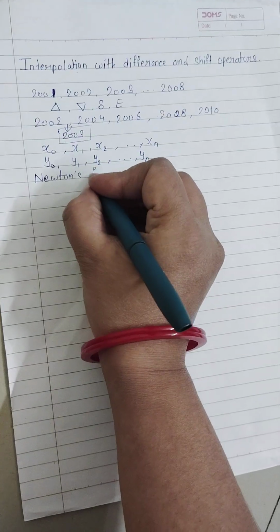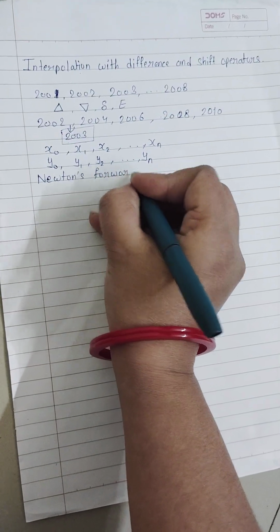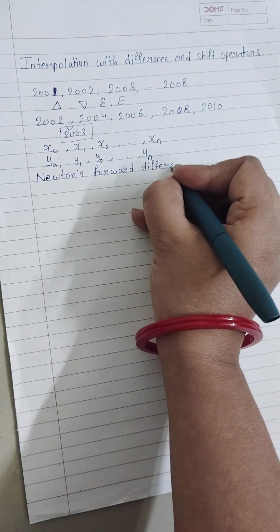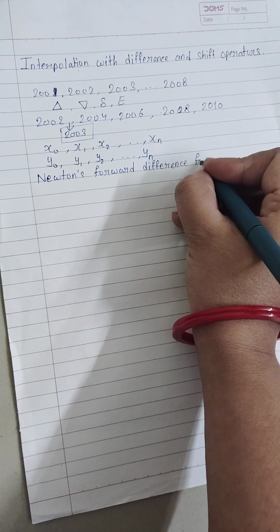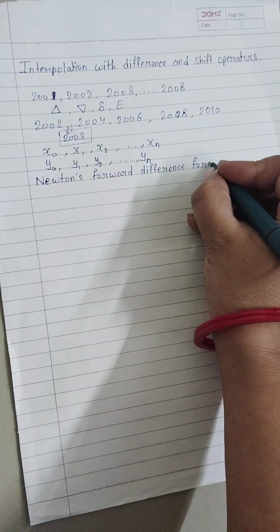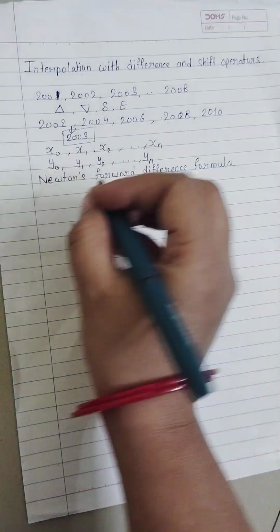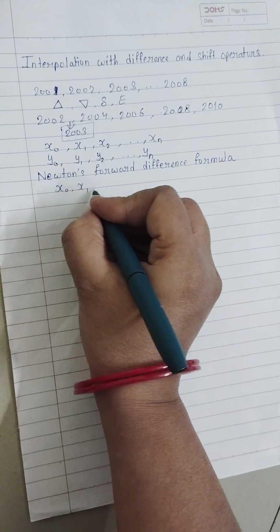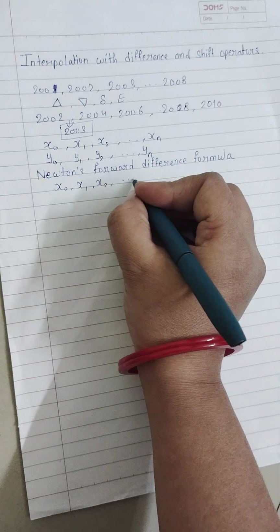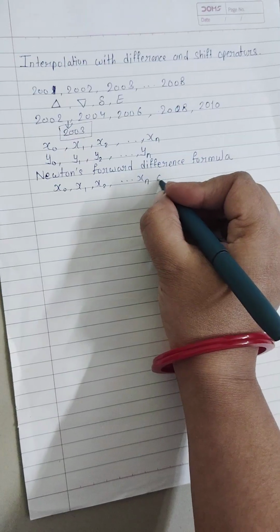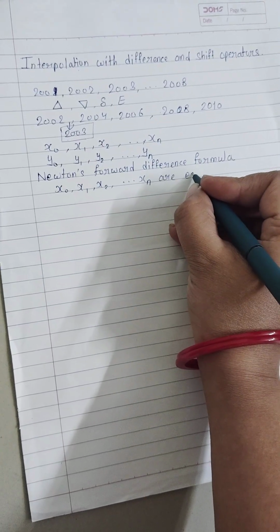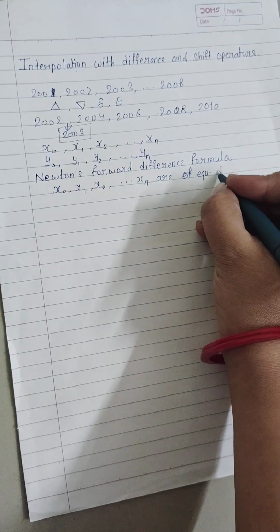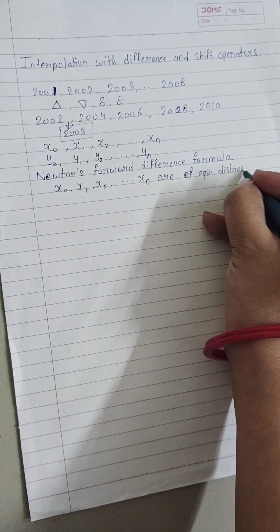Newton's forward difference formula. The Newton forward difference formula is used whenever our x0, x1, x2 and so on, xn are equidistant. What does equidistant mean?